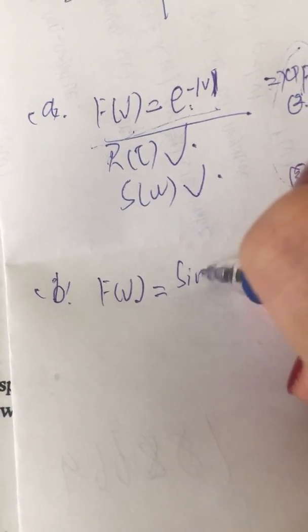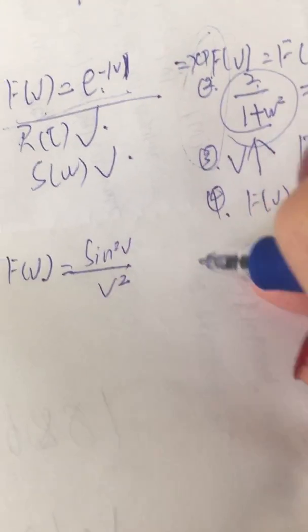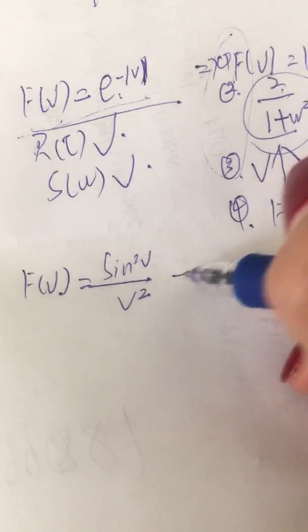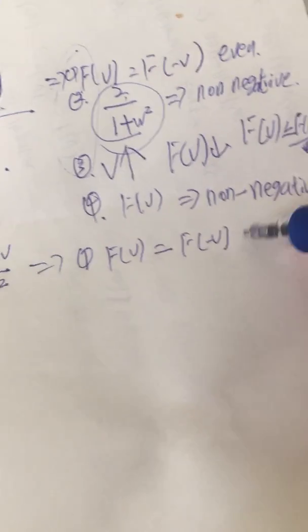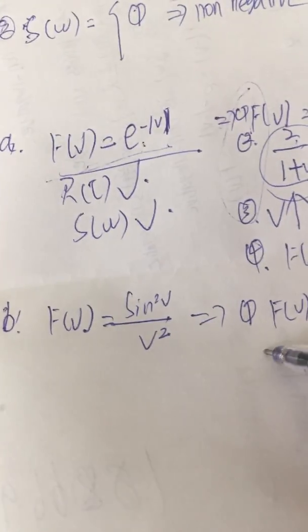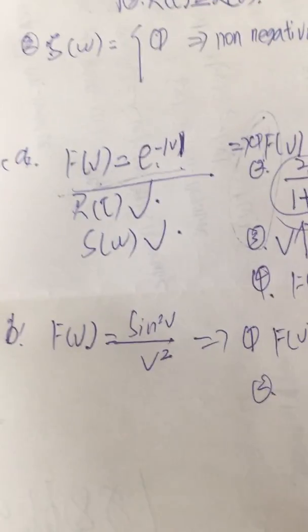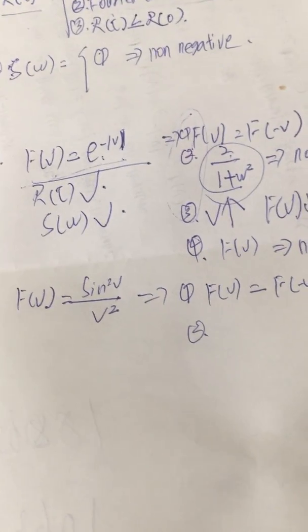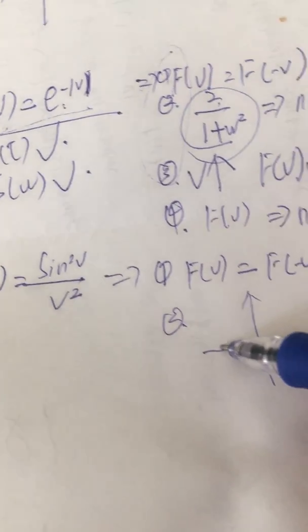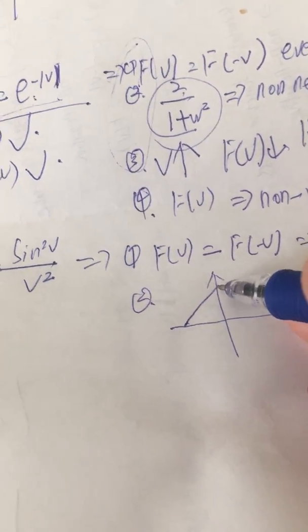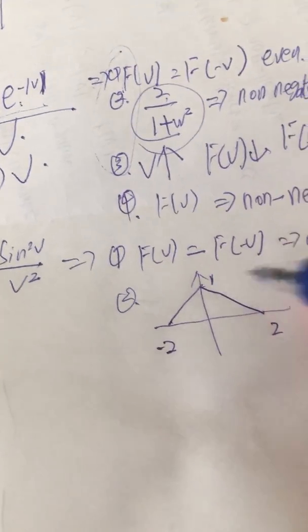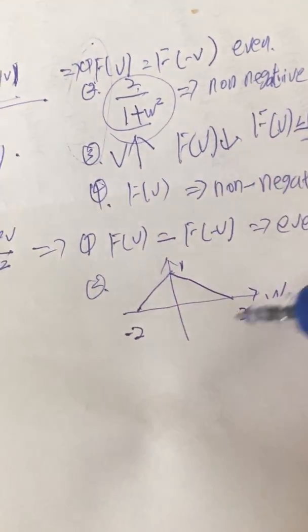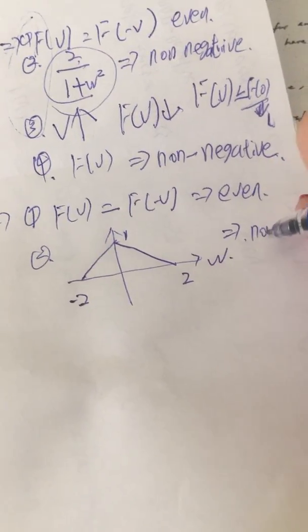For the second question, the second function is this. For the first condition, it's easy for us to know this function is even. And for the Fourier transform, after computing, we can draw the figure of its Fourier transform, just like this. So it's easy for us to know this one is non-negative.